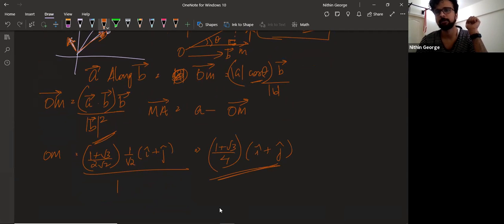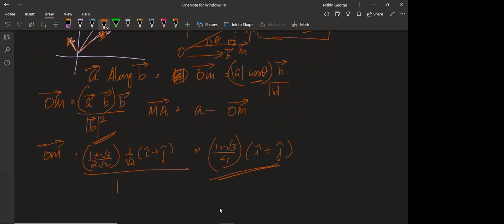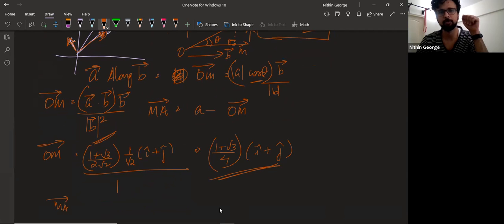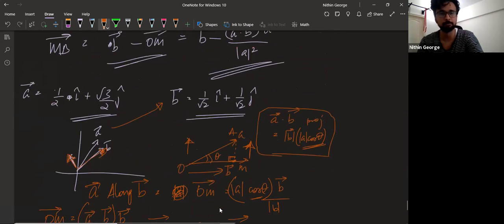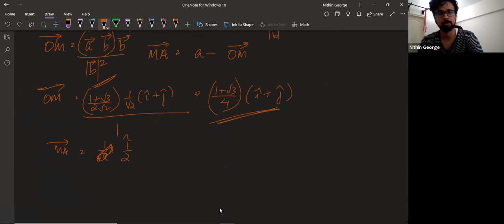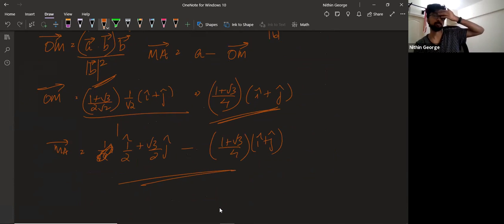Guys, are you following? Yes, sir. This is the OM vector. Now, the MA vector, how do we find that? The perpendicular component. We have the original vector, 1 by 2 i cap plus root 3 by 2 j cap. From there, I subtract the OM vector. From here you can further simplify it. This much clear?